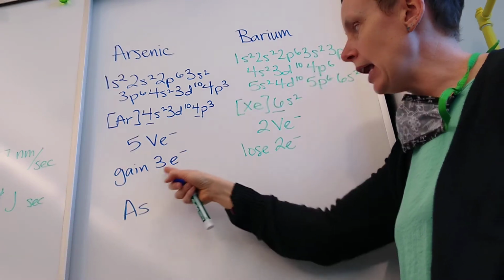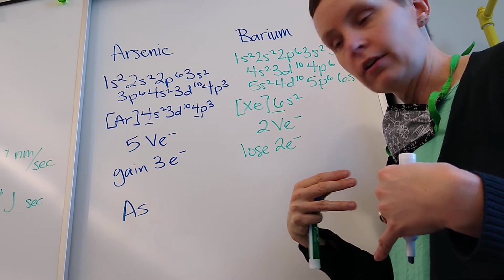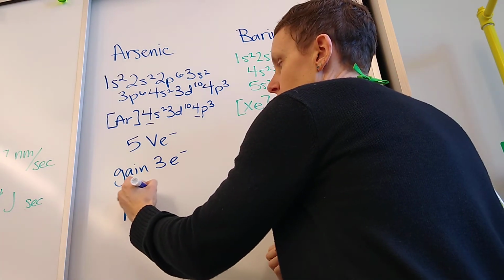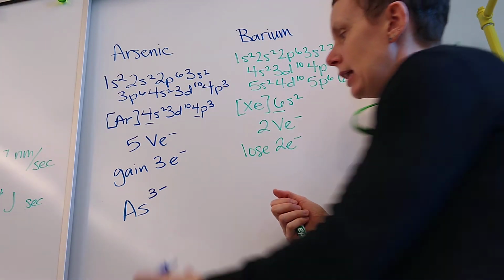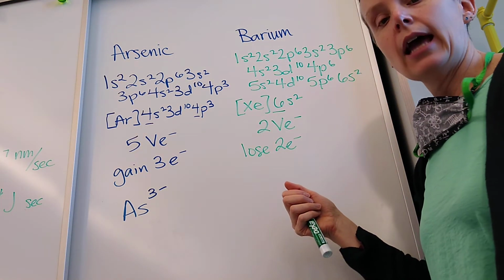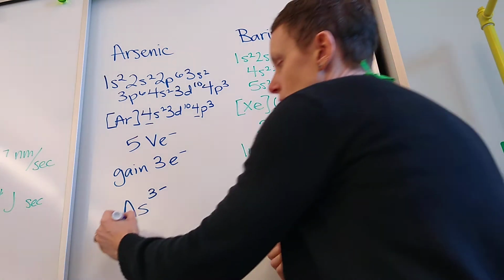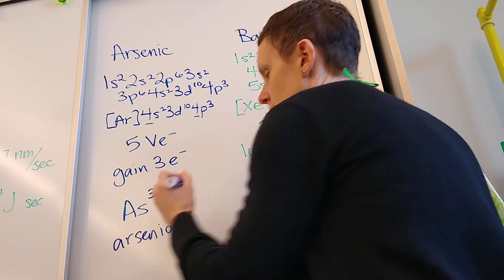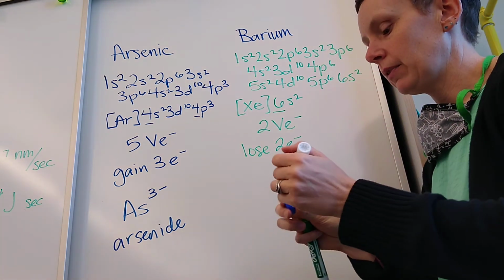If you gain 3 negatives, you're becoming more negative by an amount of 3. So arsenic's charge is now 3 minus, As 3 minus. And that makes it an anion. And negative ions, we change the ending of their name to "ide." So this is arsenide. Negative ions get that "ide" ending.